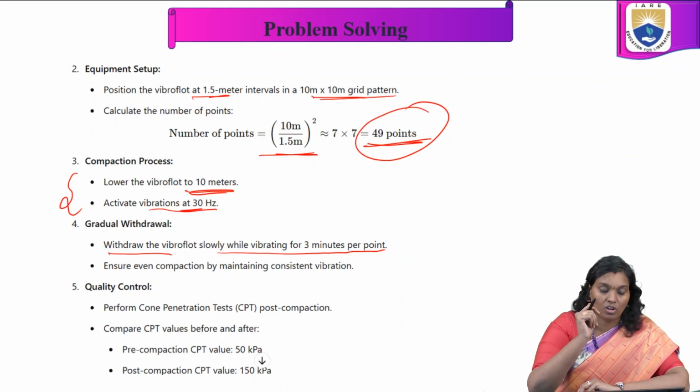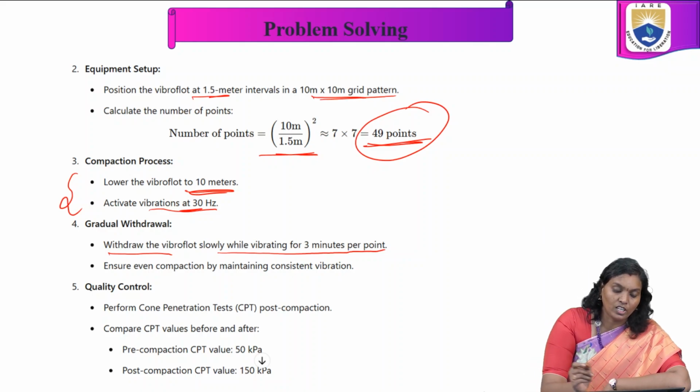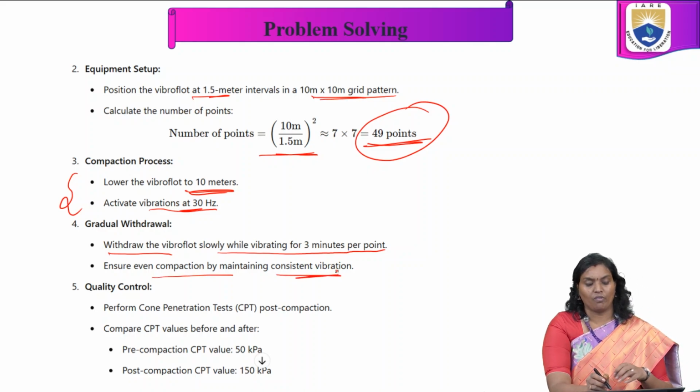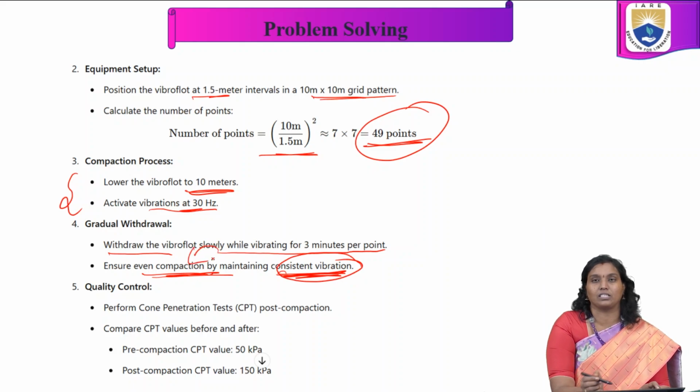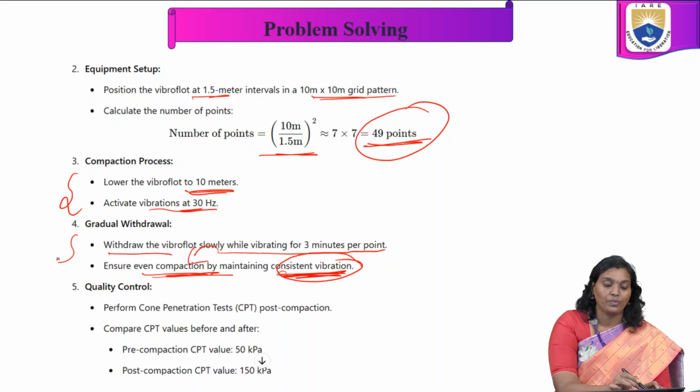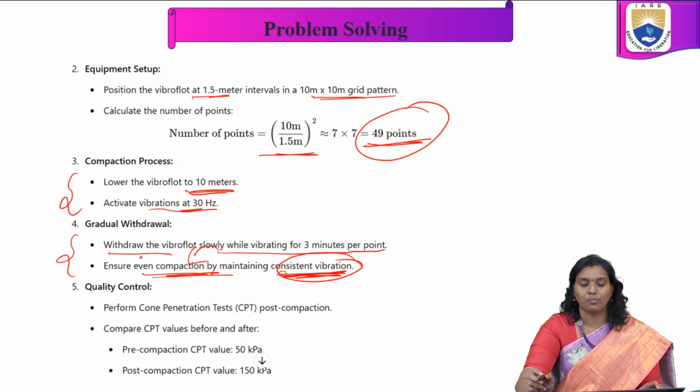We withdraw the vibro float slowly. Ensure even compaction by maintaining consistent vibration; only then will we get even compaction. That maintenance is also important for getting the desired property.